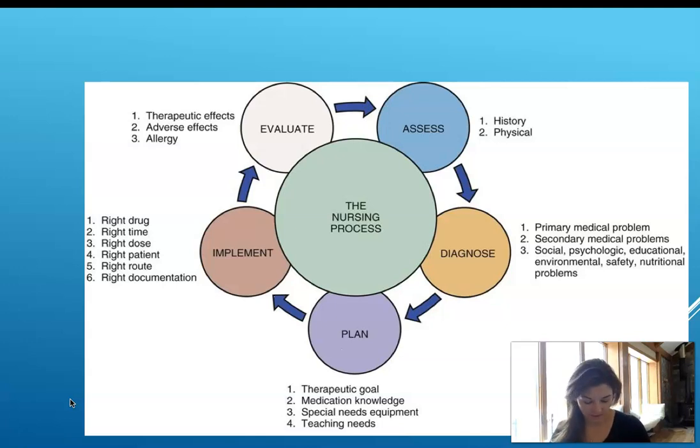You're also taking a look at their medication allergies, and also their medication reconciliation, where you are looking at what is prescribed at home and possibly what is given here in the hospital, and if something is missed or needs to be DC'd.